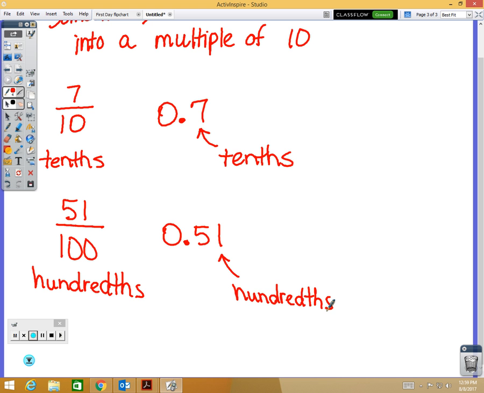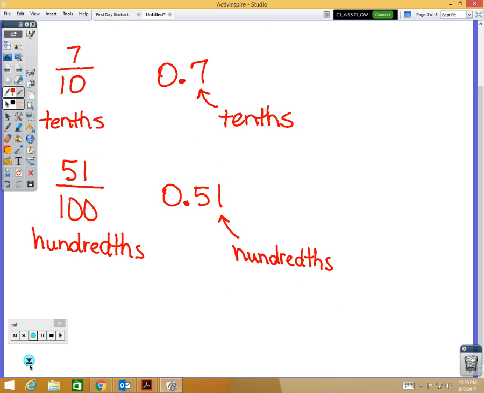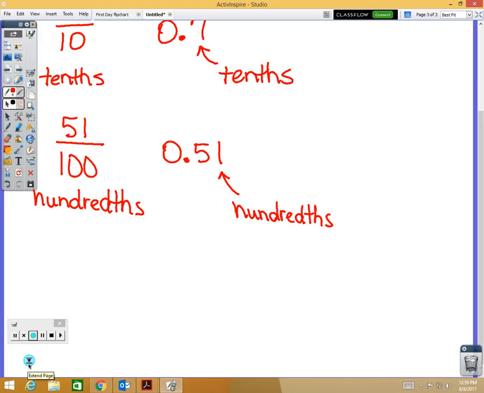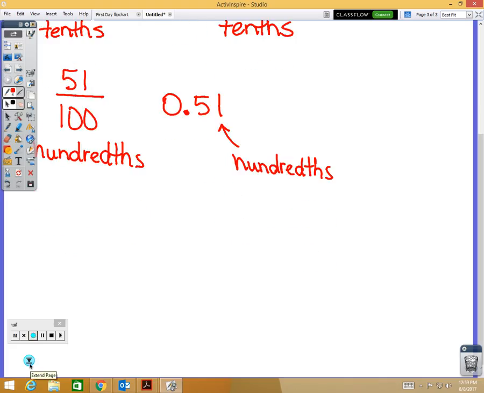But if you don't have a denominator that is a 10, 100, or 1,000, then we can make it so that our denominator is a 10 or 100 or 1,000 for a lot of them. For instance, if you had 2/5, could you write 5 as a 10? Could you make that into a 10? Yes. So 5 times what is 10? 2.